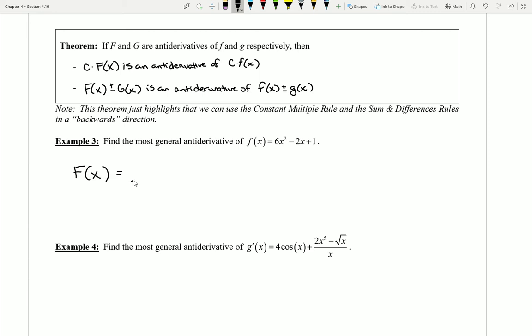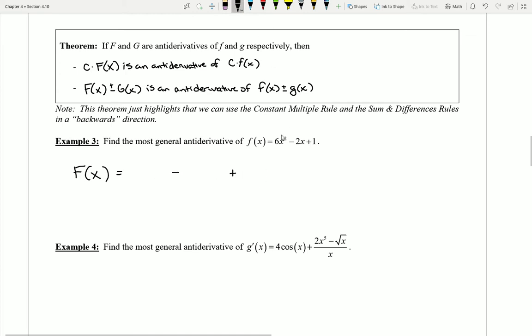Whatever my function is here should probably have some shape generally that looks like this. Something minus something plus something, because I know when I take the derivative of this, I would do the derivative one at a time and hopefully generate each of these three things. So if I can figure out what each of those things are, I'm going to be in business.